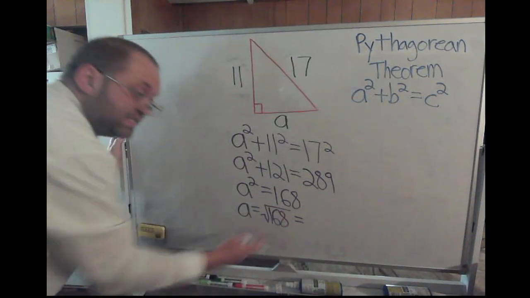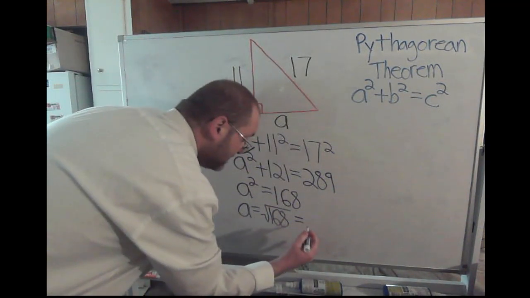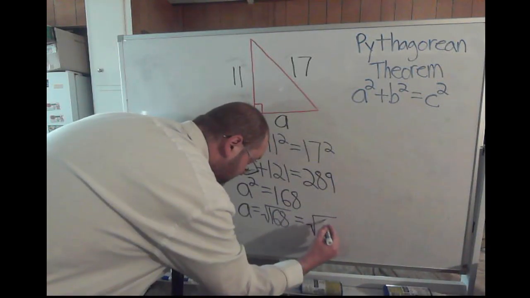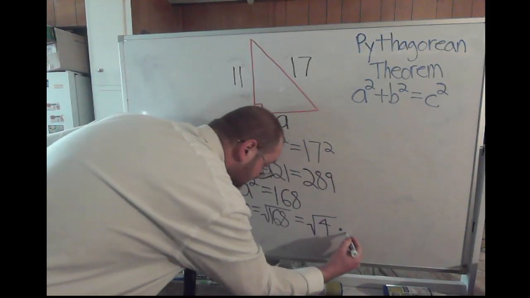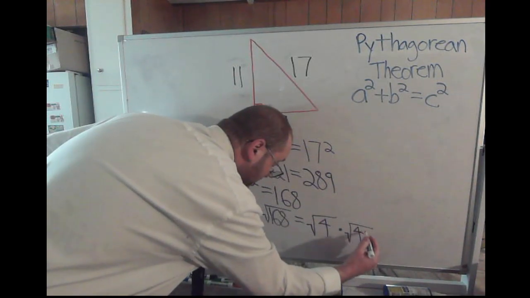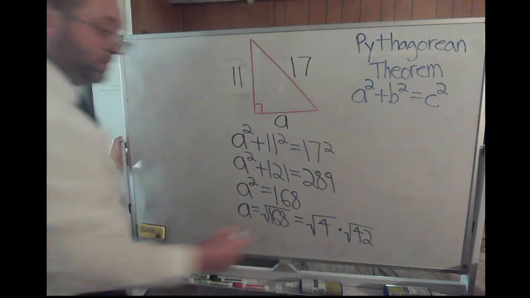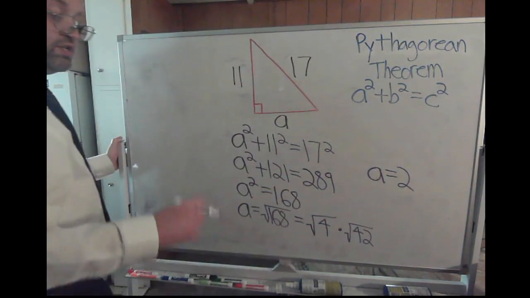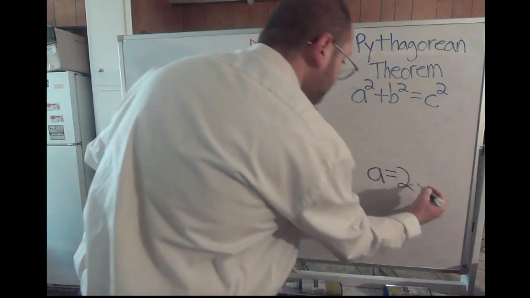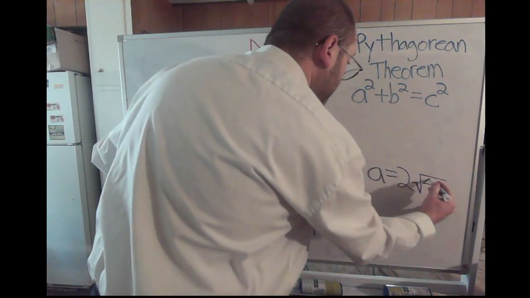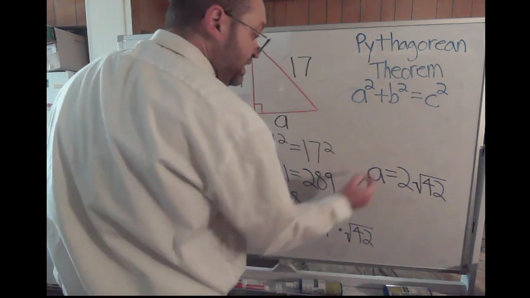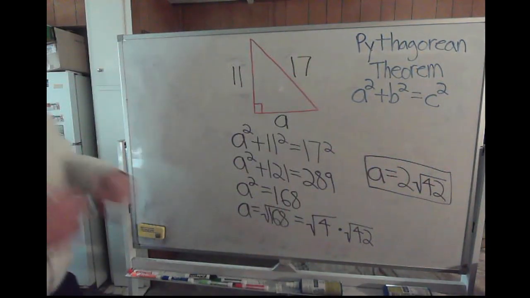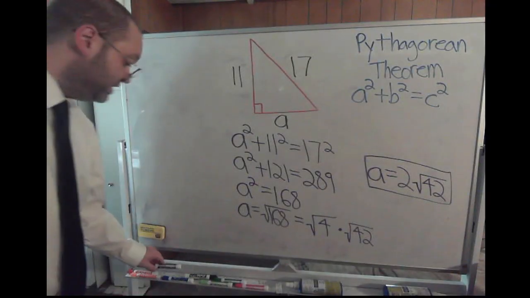Well, 168 is not a perfect square, is it? That's okay. We will break this down into the square root of 4 times the square root of 42. Well, we know the square root of 4 is 2, but the square root of 42 does not break down any further. So what you'll end up getting here is 2 times the square root of 42 for your answer. So side A has a length of 2 times the square root of 42.